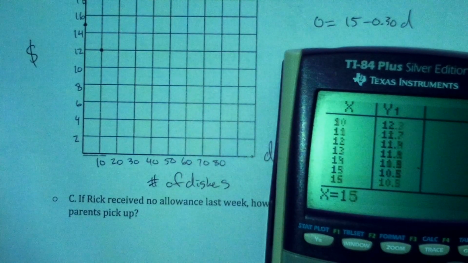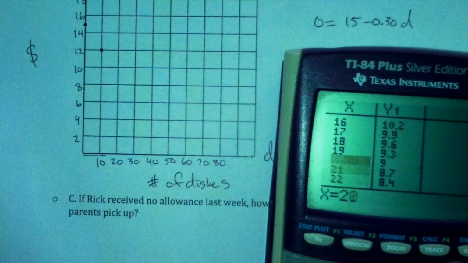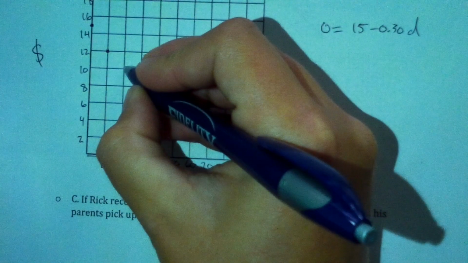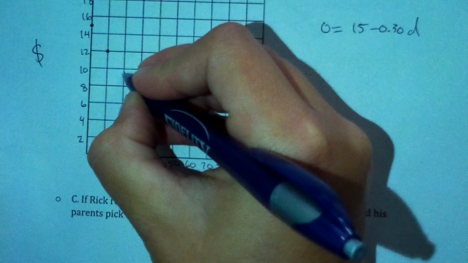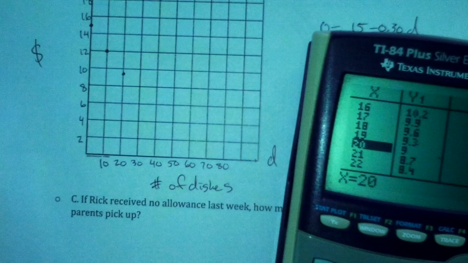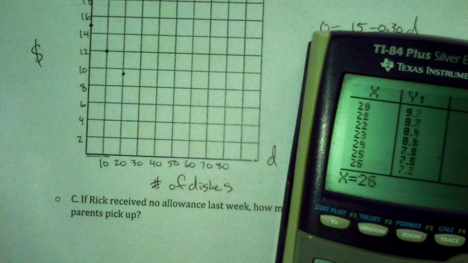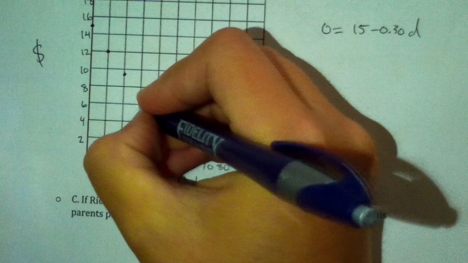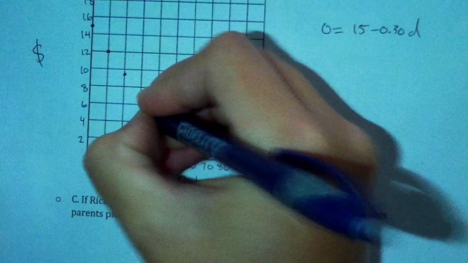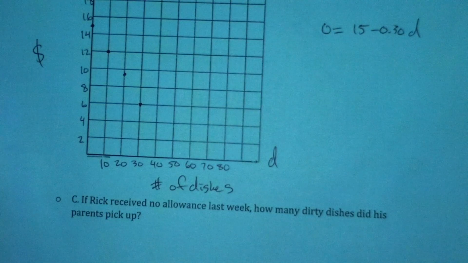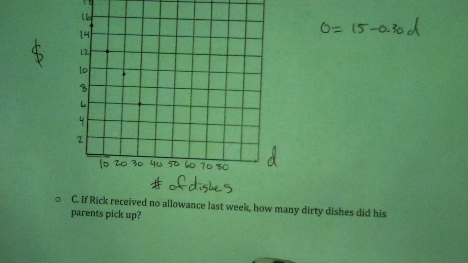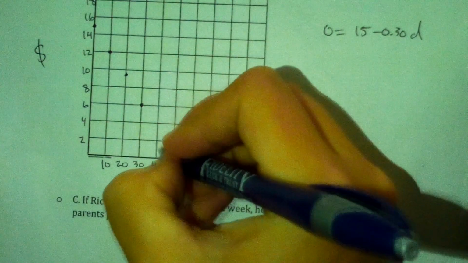And like I said, if you didn't have the graph and you weren't sure, say you graphed it a little bit differently, what you can do is plug in that 0 for your allowance value, equal to your 15 minus your 30 cents per dish. Then you can solve that out. If I was solving for d, I'd subtract 15 from each side. So 0 minus 15 would be negative 15, equal to negative 0.30d.